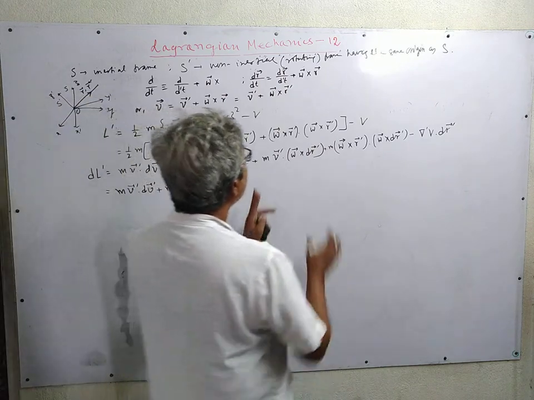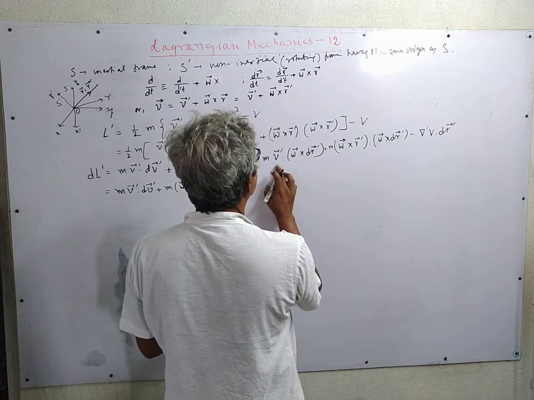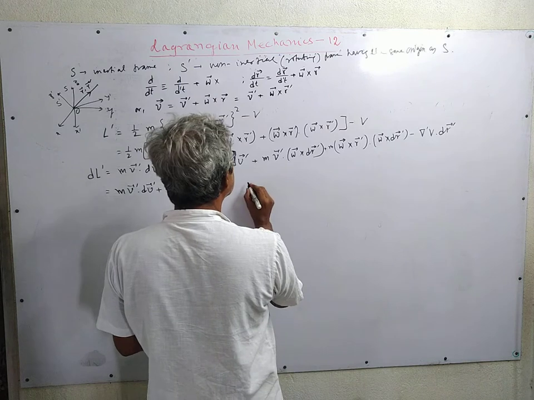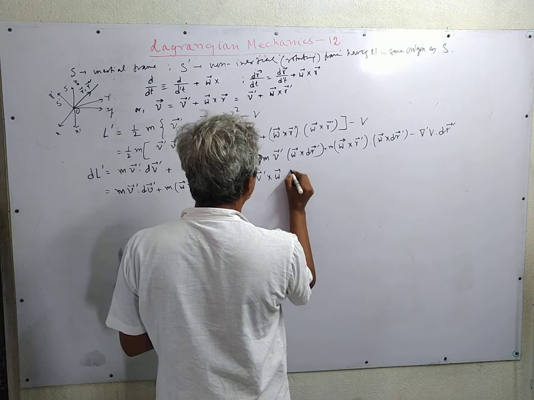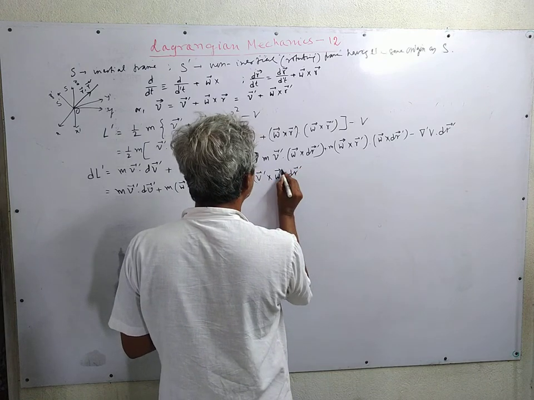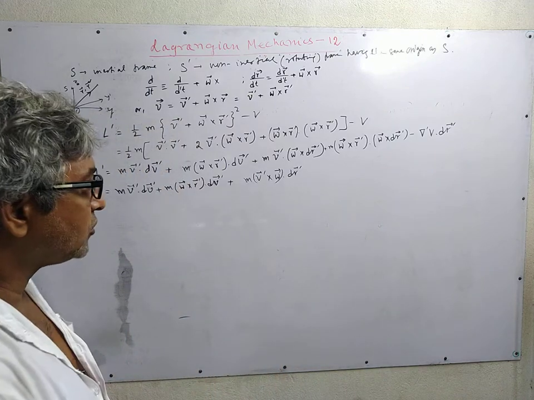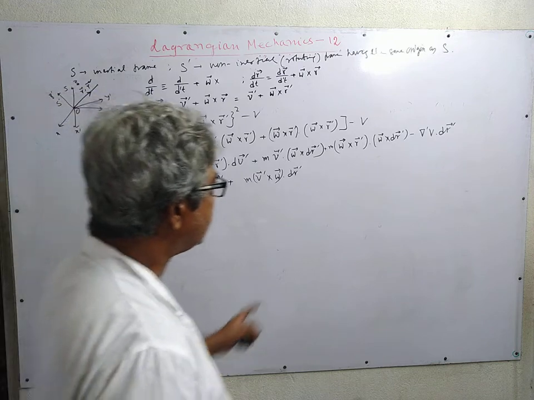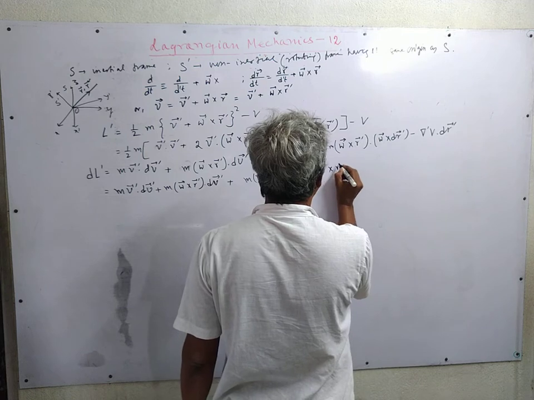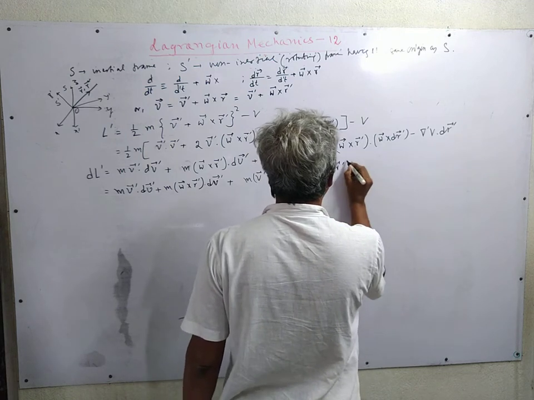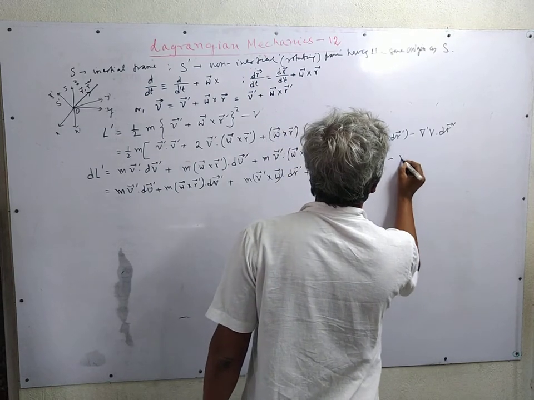There are dr' dependent terms. So let me consider the dr' term. We write it as m (v' cross ω)·dr'. This is a scalar triple product. So keeping the ordering fixed, we have just interchanged the positions of dot and cross. And this term we write as m (ω cross r') cross ω·dr'.